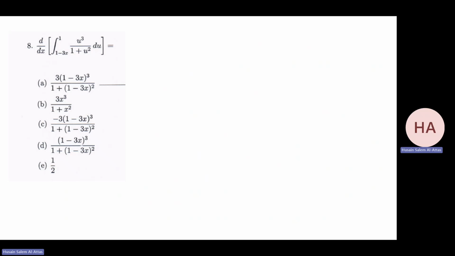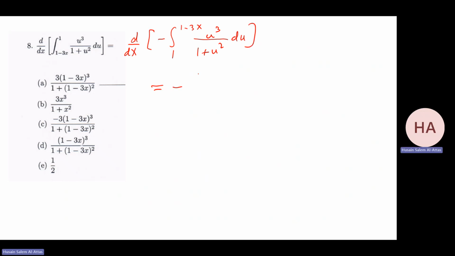First, I need to rewrite it. I say d over dx of the integral from minus 1 to 1 minus 3x of u cubed over 1 plus u squared du. Differentiate now.